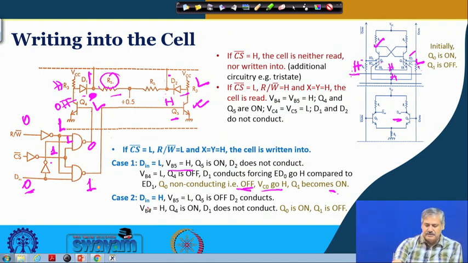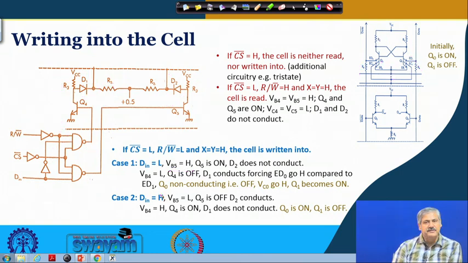And instead, if D in was high, then what will happen? D in was high means this would have been low and this would have been high. So this is high because of this read and CS inputs. Okay.